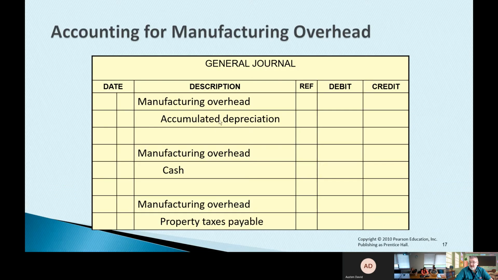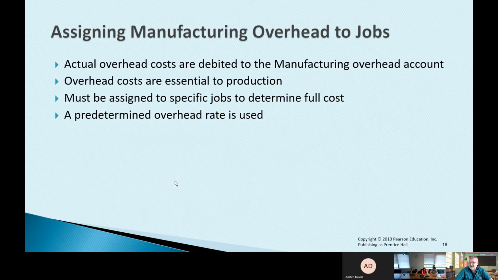Okay, so recording our overhead costs. Now we have overhead cost in the manufacturing process. Our actual overhead costs are debited to the manufacturing overhead account. Overhead costs are essential to the production.